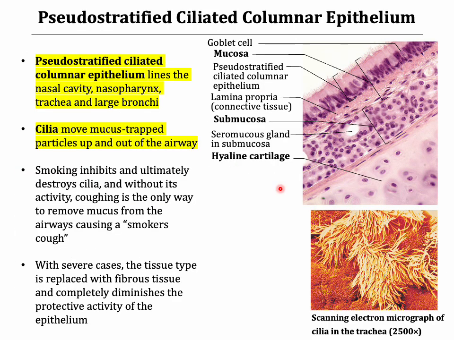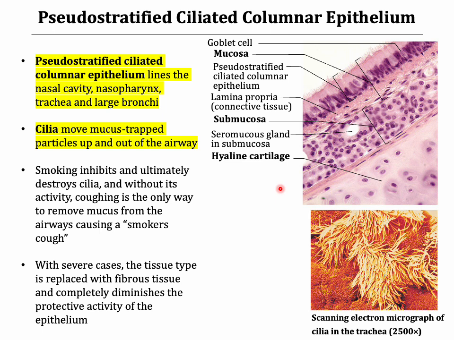So I always love to emphasize tissue type because it's really important for understanding anatomy and the physiology of these distinct areas. So we have pseudostratified ciliated columnar epithelium lining our nasal cavity, nasopharynx, trachea, and our large bronchi.